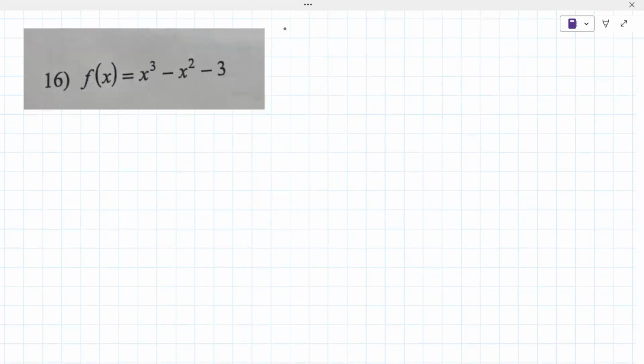All right, so 16. We're looking for end behavior. So we need to know two things: the degree of this, and the leading coefficient. What is the degree? What is the highest exponent that you see? So 3. Okay, and is that odd or even? Odd. Good.